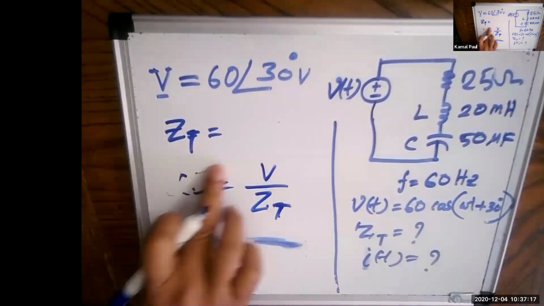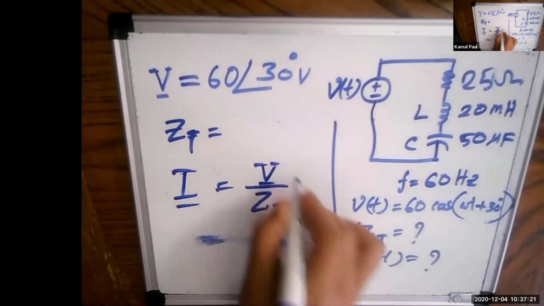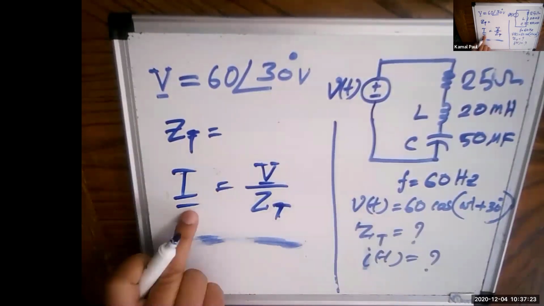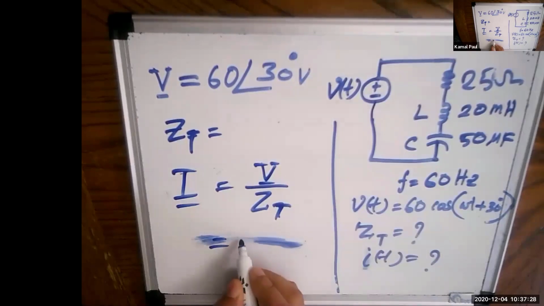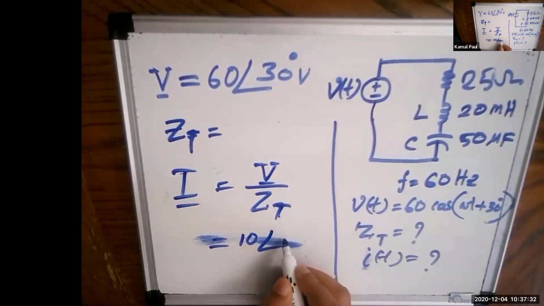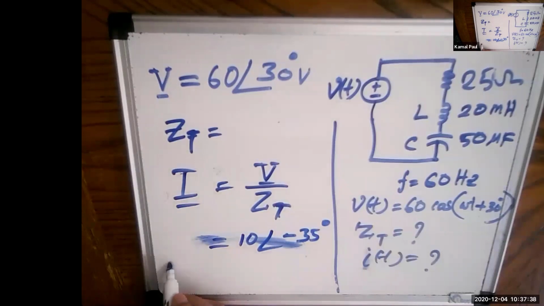This I is basically the phasor form. Once you find the phasor form, say we got something like 10 angle minus 35 degree. I'm just assuming. Then what will be I(t)? How can we convert it back to I(t)?